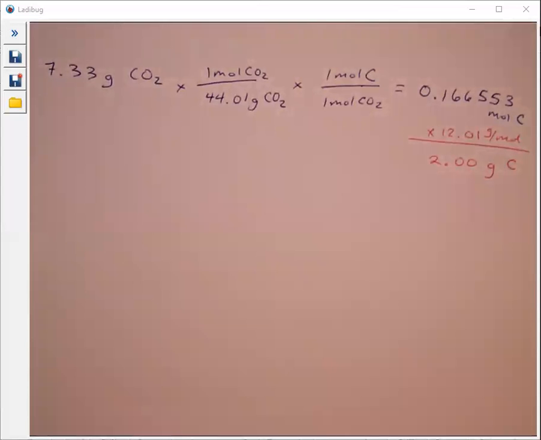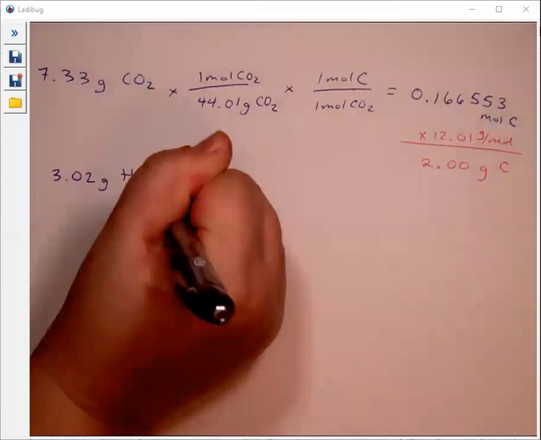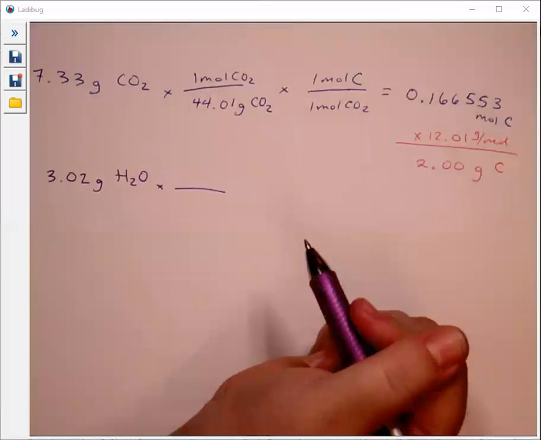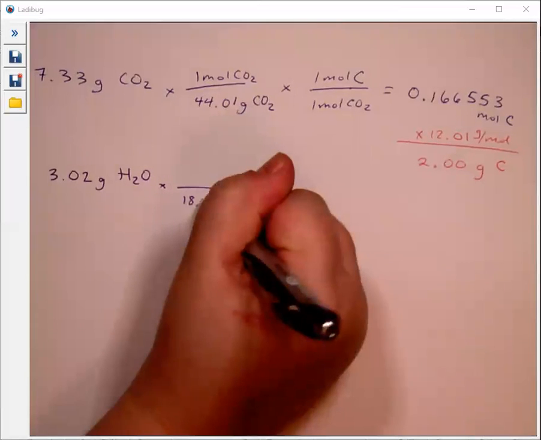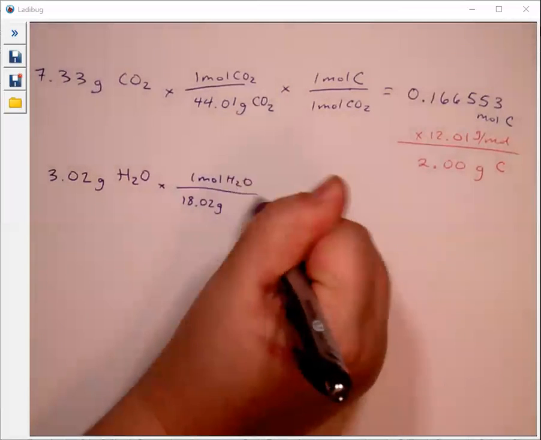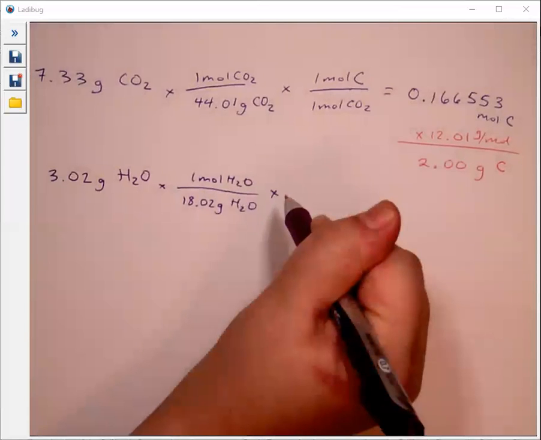All right, next let's use the information we're given about water to find some things out about hydrogen. We're told 3.02 grams of water are recovered. So we want to divide by water's molar mass, 18.02, to figure out how many moles that is. But we're interested in moles of hydrogen.